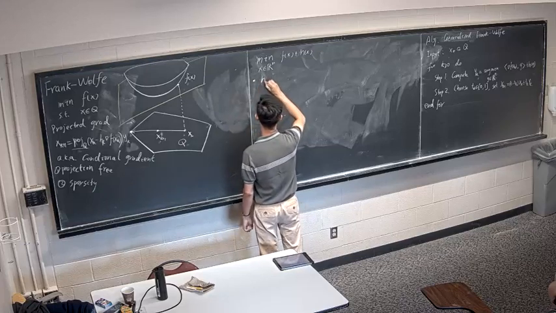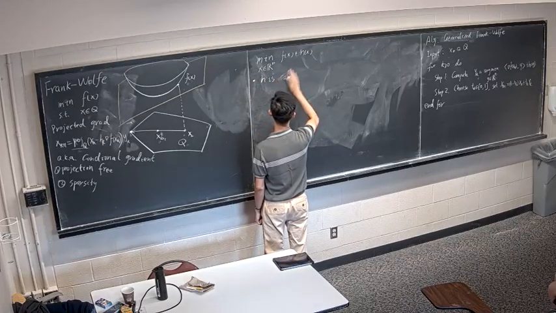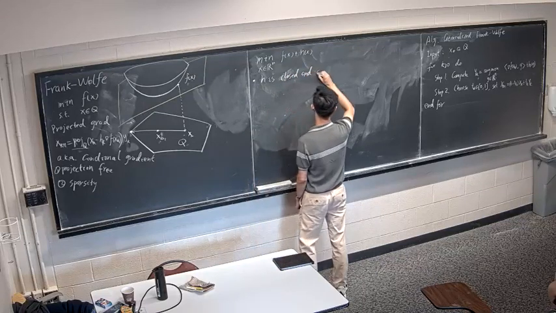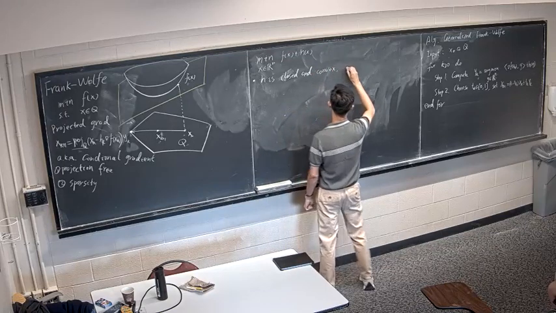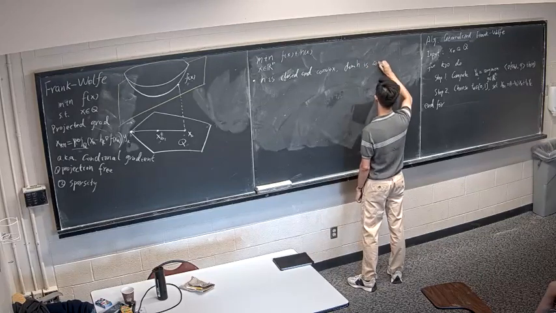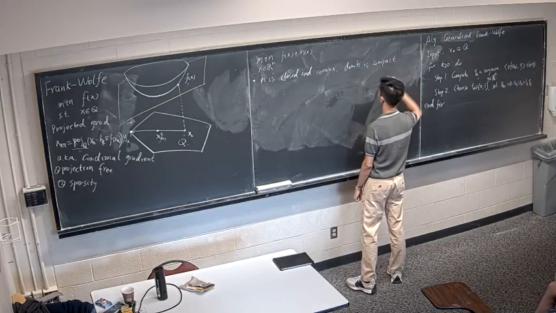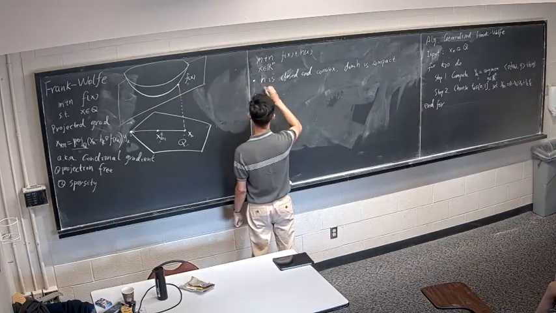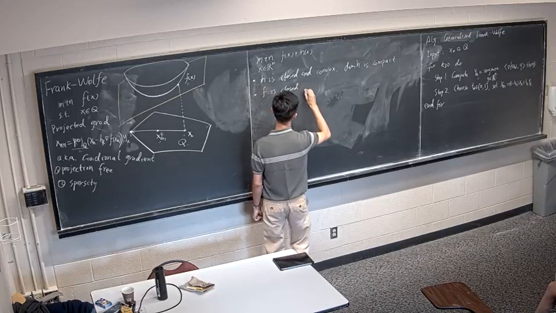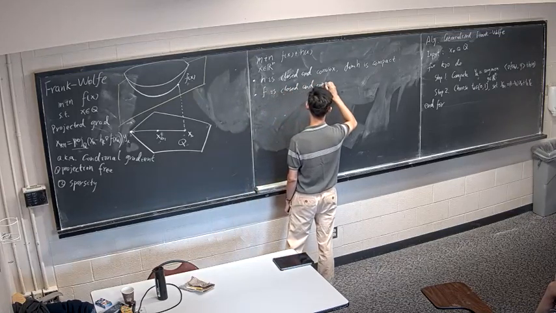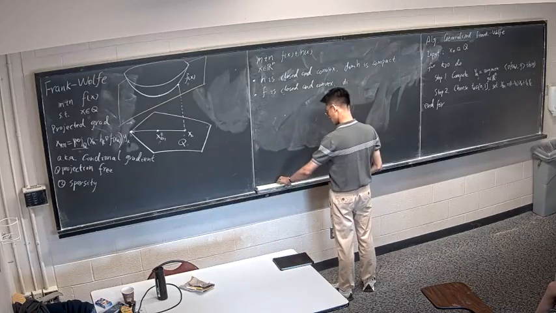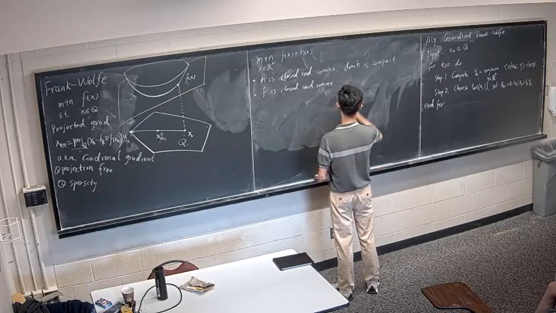So we assume h is closed and convex, and also the domain of h is bounded, it's compact. And we assume f is closed and convex, and also L-smooth.